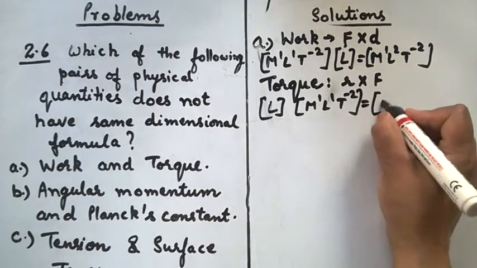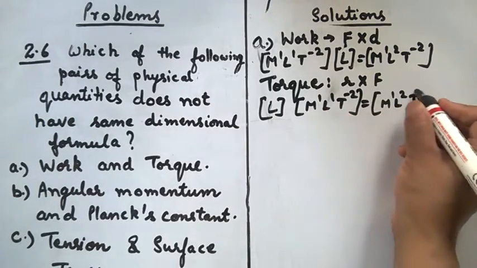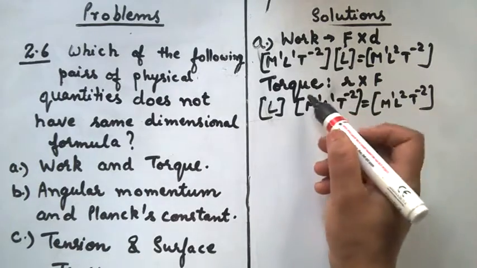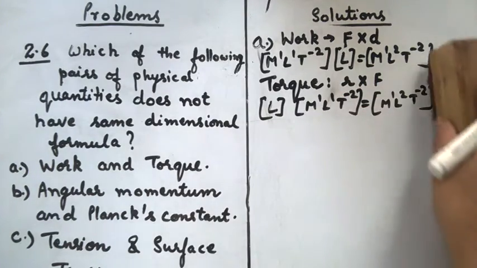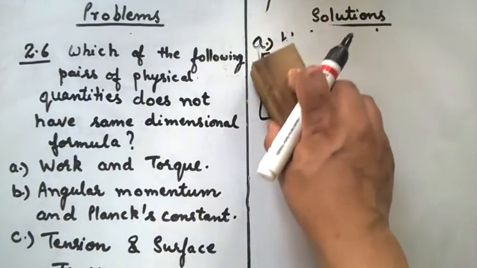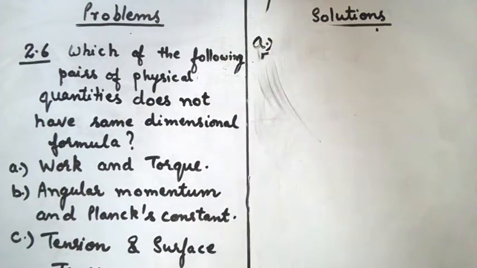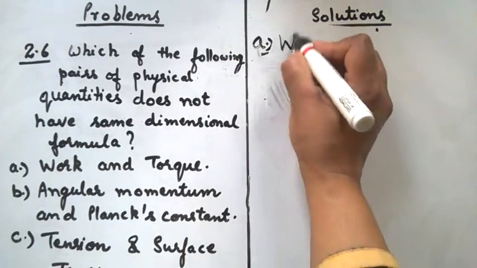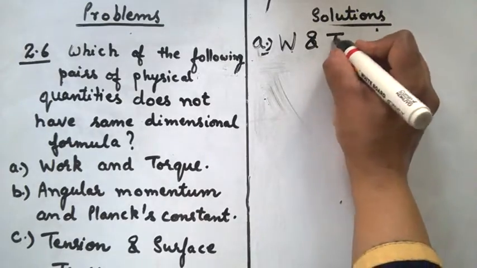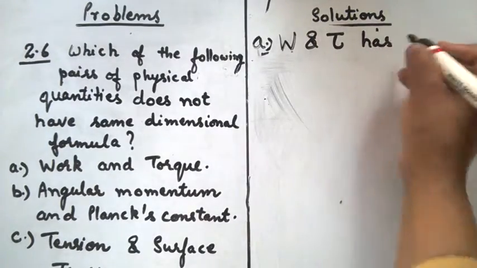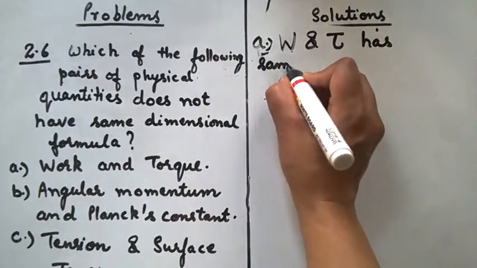It is equal to M1 L2 T minus 2. Thus we can see that work and torque have the same dimensions. Thus we can write that work and torque, denoted by tau, have the same dimension.